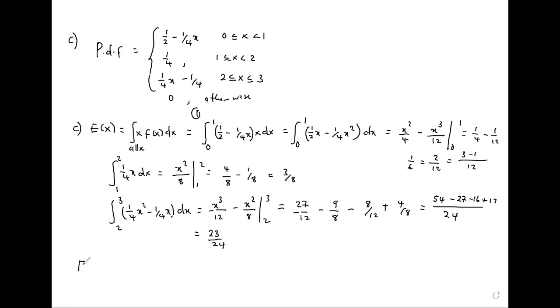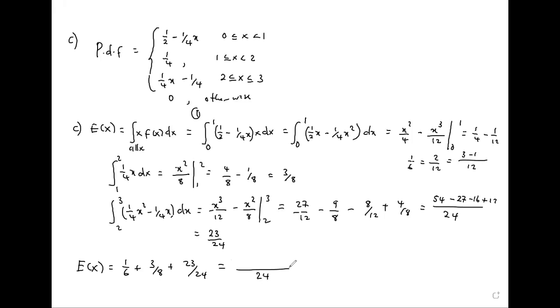So the expectation is equal to, we add these pieces. The first one was 1 over 6, then 3 over 8, then 23 over 24. That's 24 down.